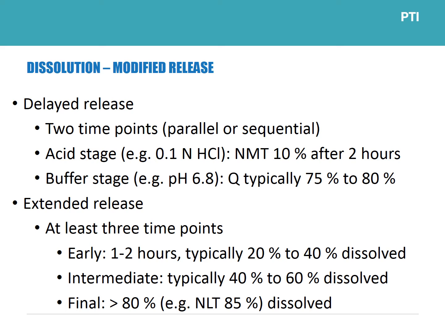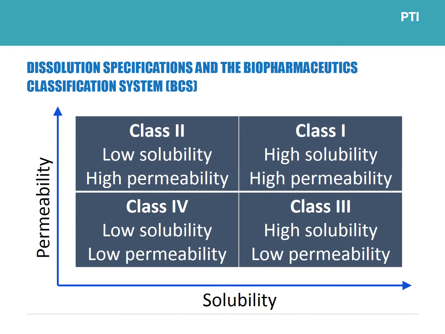We can start to see some toxic side effects if we see dose dumping. And then the final 2 time points are designed to characterize the release profile of the drug product to make sure that it's consistent with what we've shown to be acceptable batches of drug product previously.